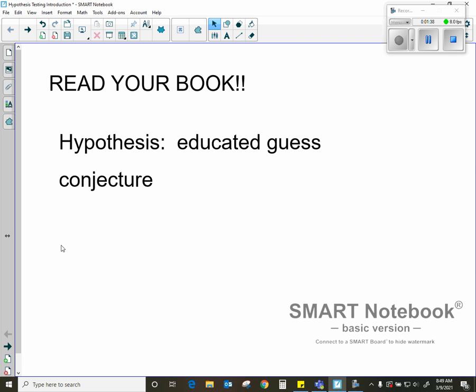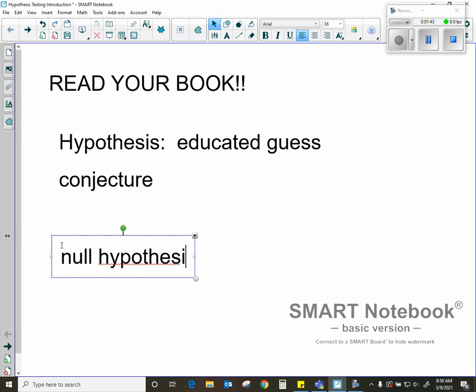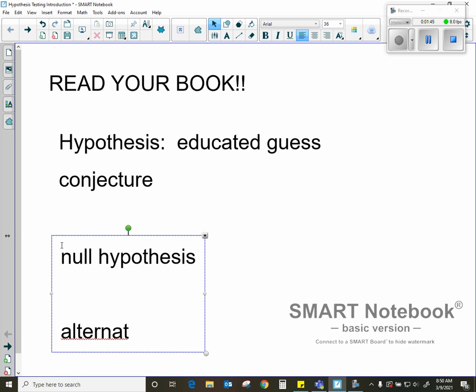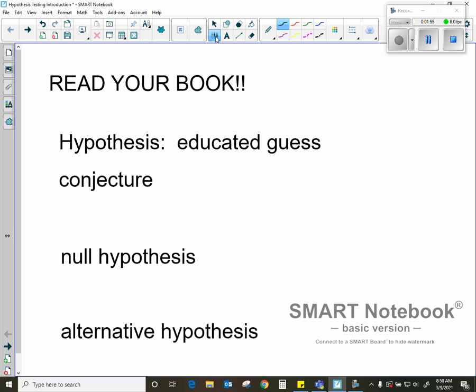In every hypothesis test, there are two hypotheses. There is the null hypothesis, and there is the alternative hypothesis. Okay. The null hypothesis is designated with a subscript. We have H sub 0. The alternative hypothesis is either written as H sub A, or in our book, H sub 1.